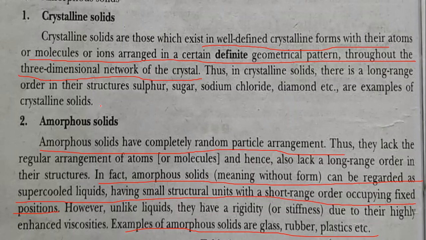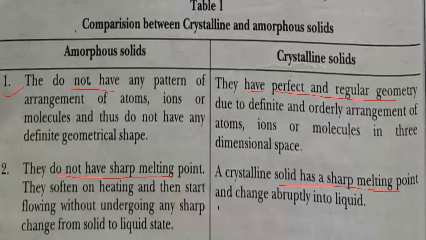Examples of amorphous solids are glasses, rubbers, plastics, etc. Examples of crystalline solids are sulfur, sugar, sodium chloride, diamond, and many more. So we can now compare amorphous solids and crystalline solids.